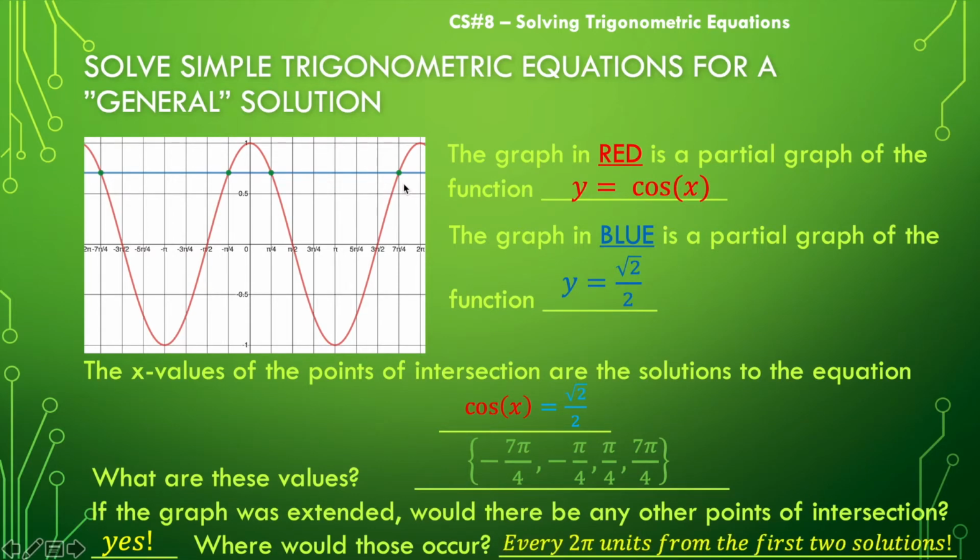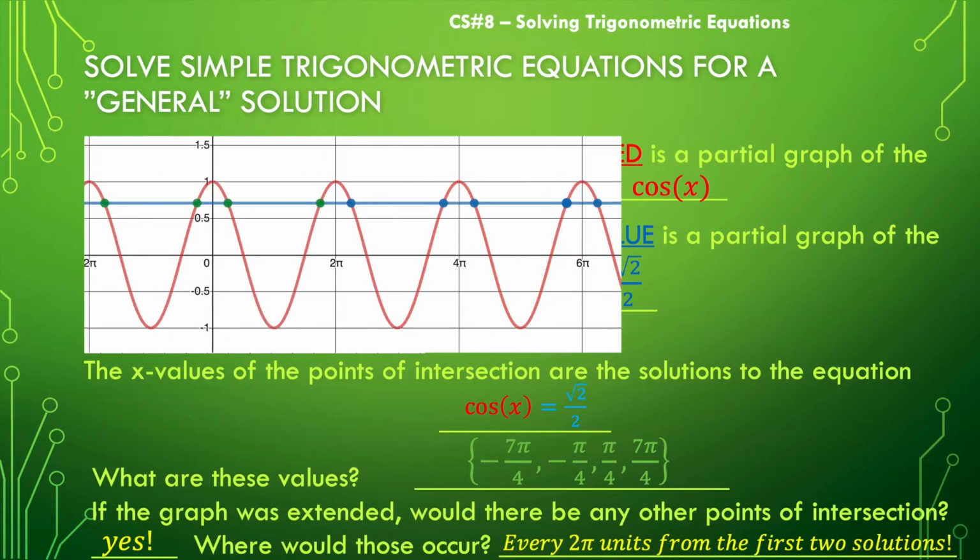And actually, if we extend this graph, we can see that we've got a pair of solutions every 2 pi units, right? Do you see how that pattern repeats every 2 pi units? Okay, so how many solutions are there to that equation? That's where we're talking about all the solutions or the general solutions, and there's an infinite number of them.